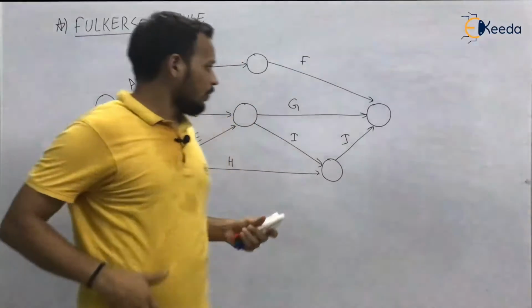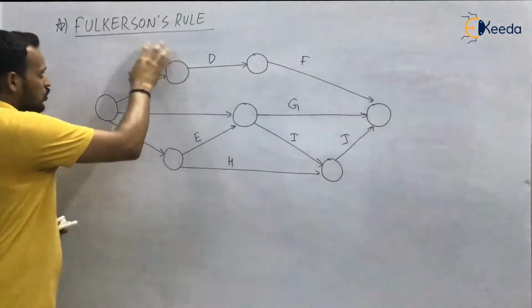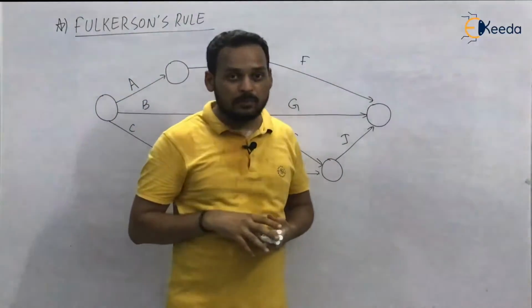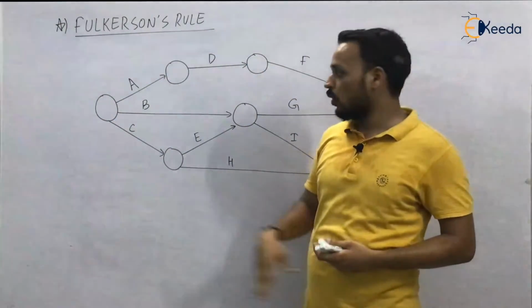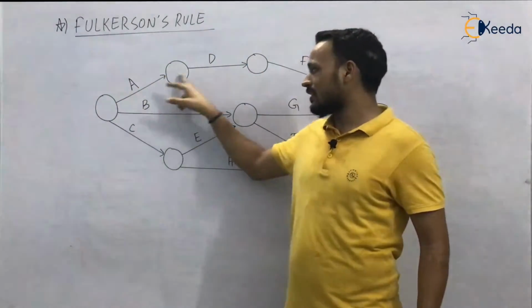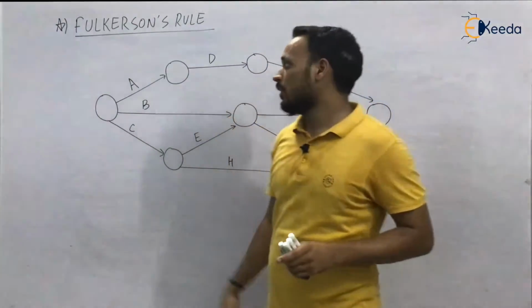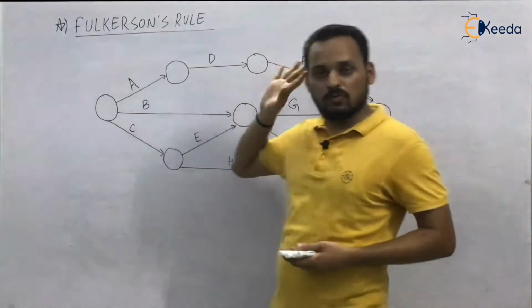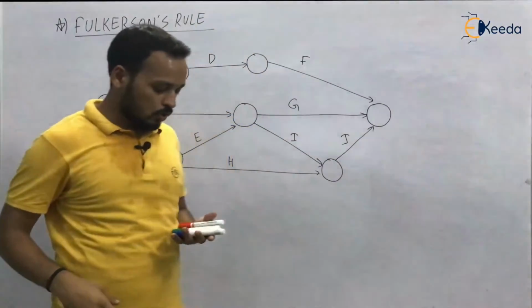Fulkerson's rule is a rule which is used to name the different nodes present in the network diagram. These black circles represent the different nodes, and we can name these circles with the help of Fulkerson's rule.